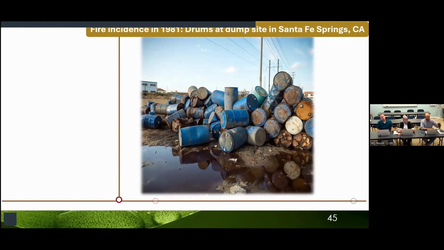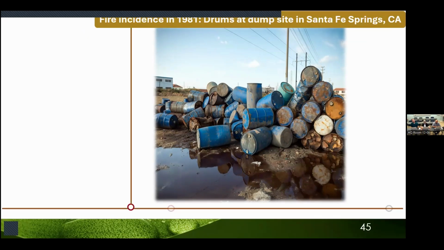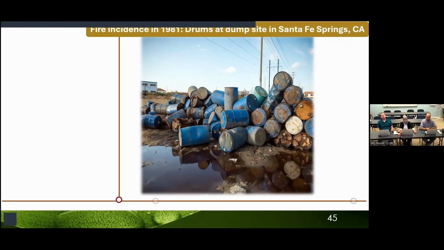It became very hard to get things under control afterwards. It took 120 firefighters to battle the fire, and 8 of them got severe injuries. The incident also contaminated local water bodies, resulting in the death of a massive number of fish. At that time, dangerous incidents frequently occurred because waste wasn't handled properly or people lacked the knowledge to manage it safely, posing significant risk to both people and the environment. Next one, please.